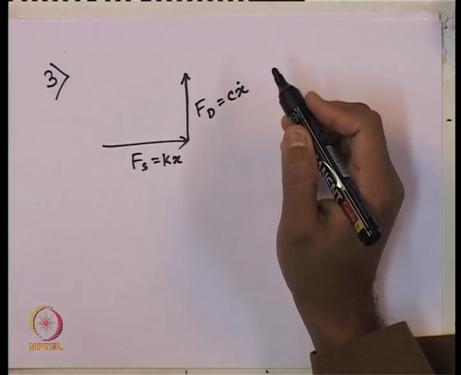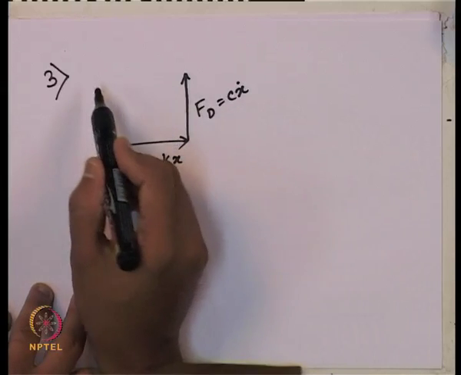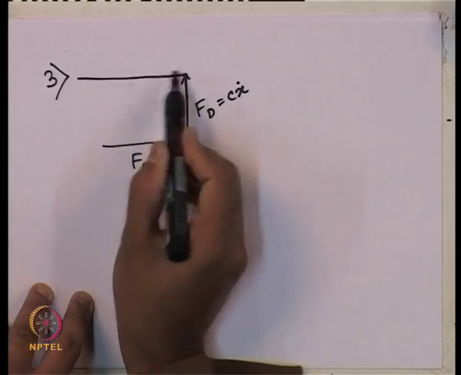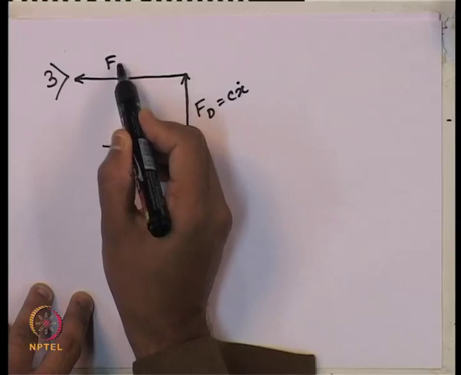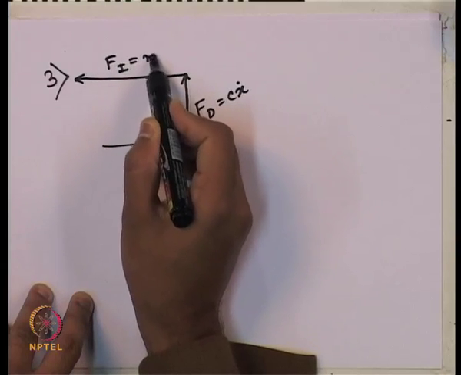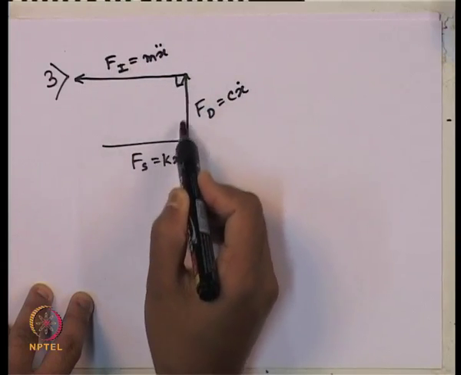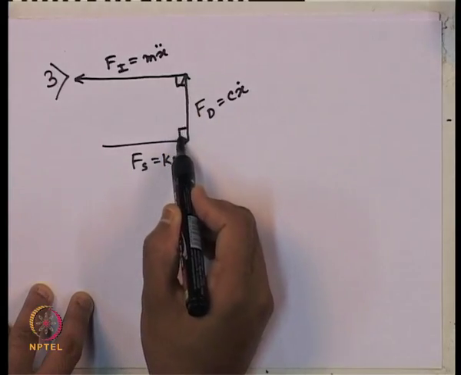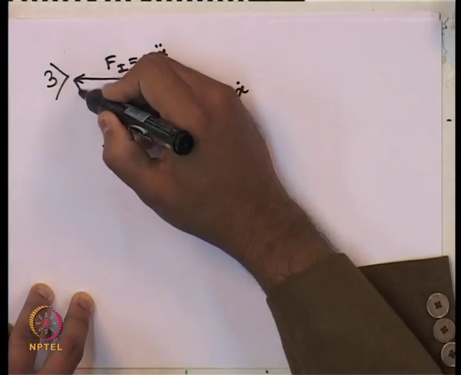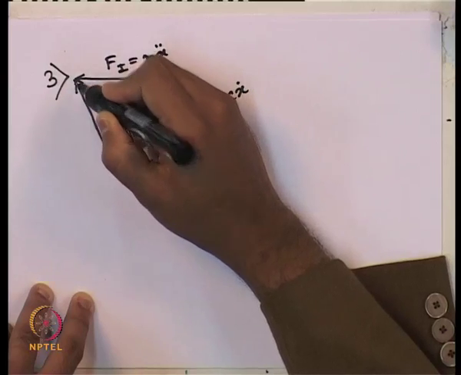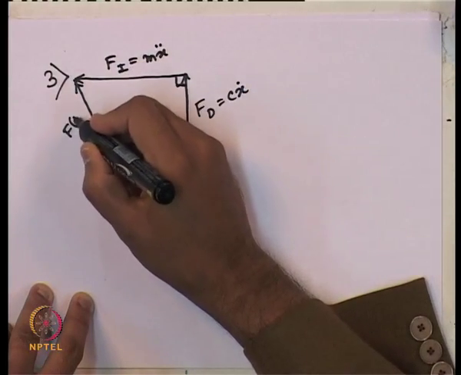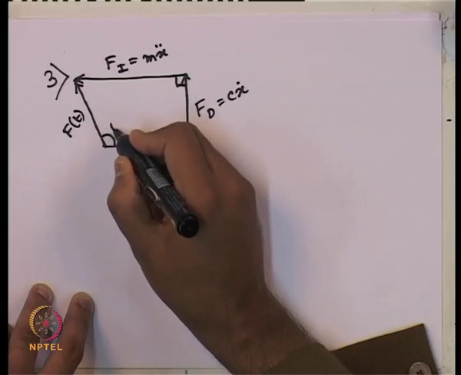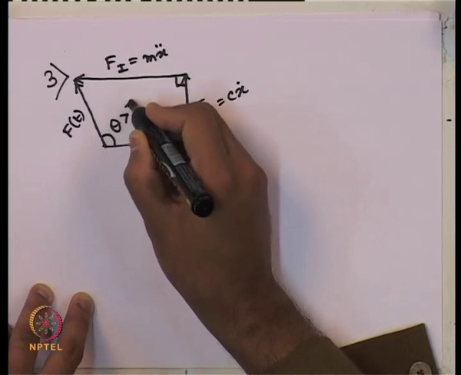Now, 90 degree to that we have F I, inertia force. This is 90 degree, this is 90 degree, and closed polygon. So, this will be our f of t with this angle theta greater than pi by 2.